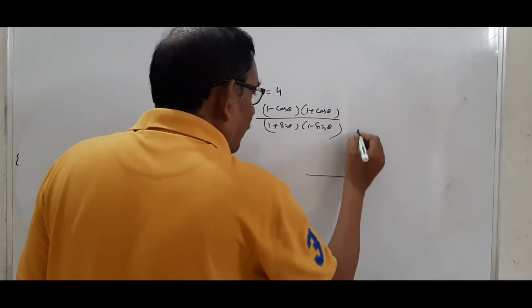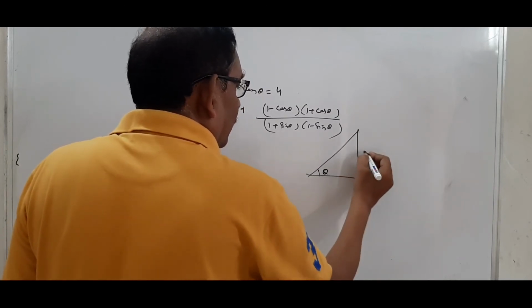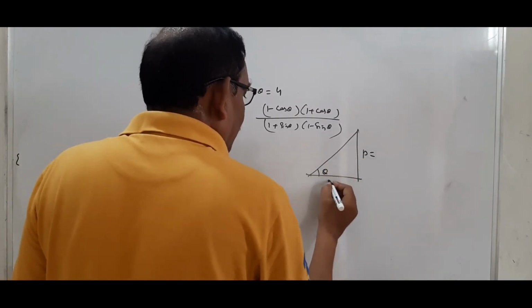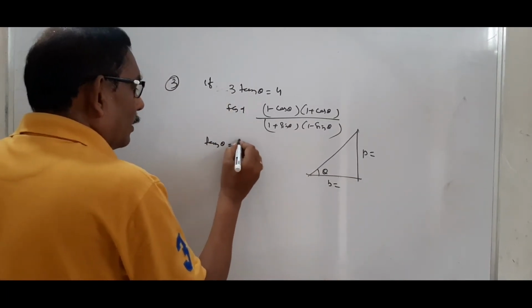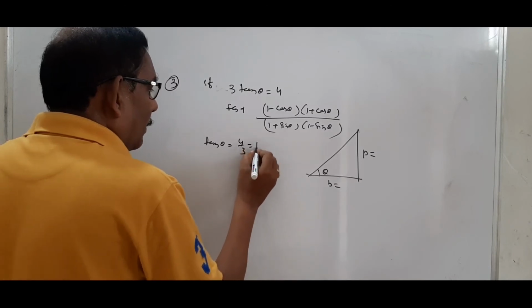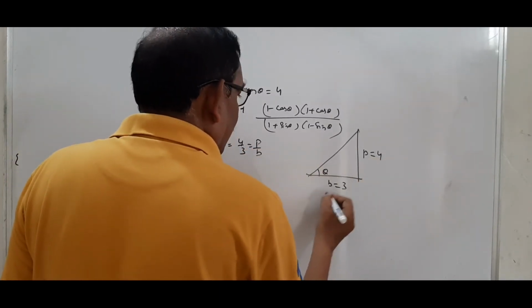Look here, for angle theta, tan theta is given as 4 by 3, which means P by B. P is 4 and B is 3.